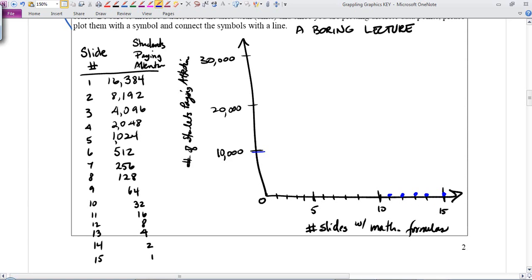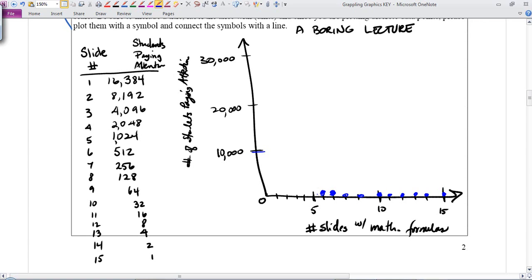I did 1, 2, 4, 8, 16, 32. They're all still crunched up here. We're not going to get much toward 10,000 until we get up into the hundreds. So the point is that you're not getting much separation all the way over until you get to like the 7th slide and you get to 250. So 250 might be more up here, and then a little bit maybe more up here.